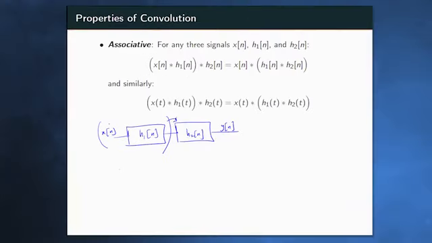Or the associative property says that I can find the answer as if I convolve x of n with a system whose impulse response is calculated with h1 of n convolved with h2 of n. So you're going to get the same answer at the output.